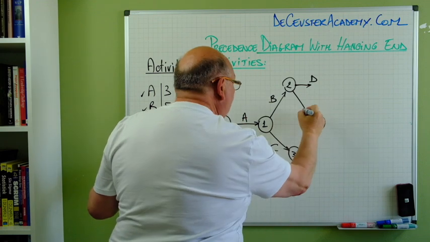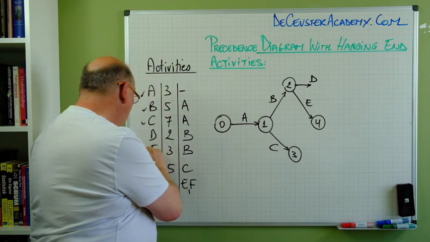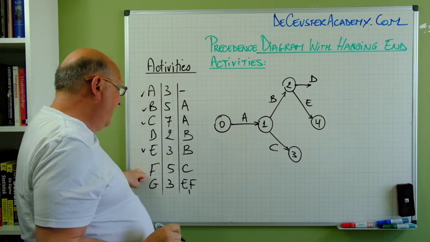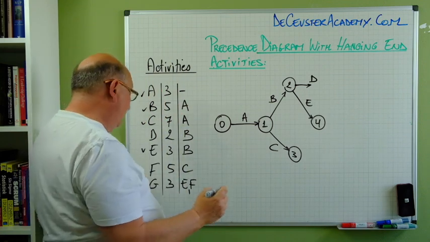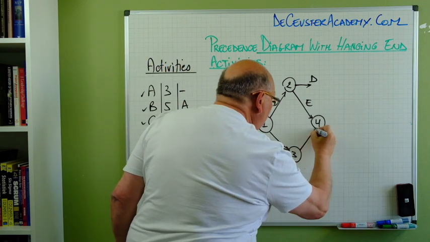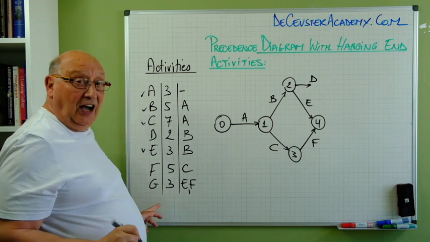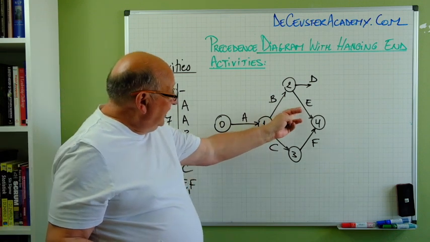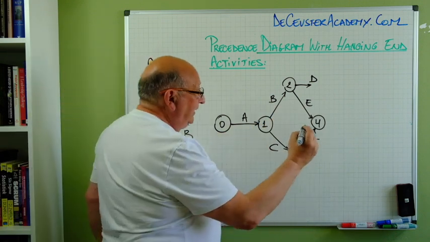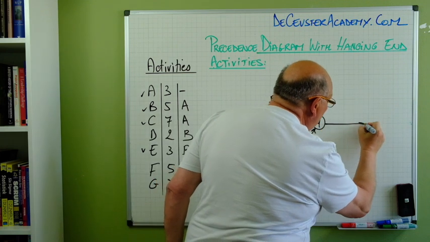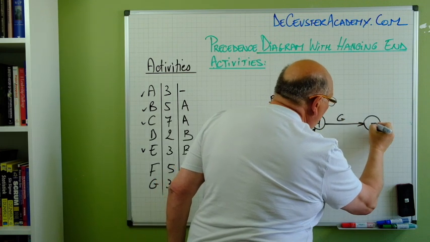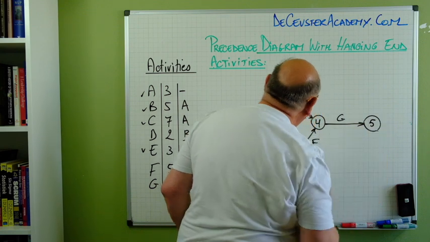So this is activity E. Then we have F. F I draw also to C. And at the end I have G after E and F, so I have E and F here, and now I can draw G, which gives the end node 5.